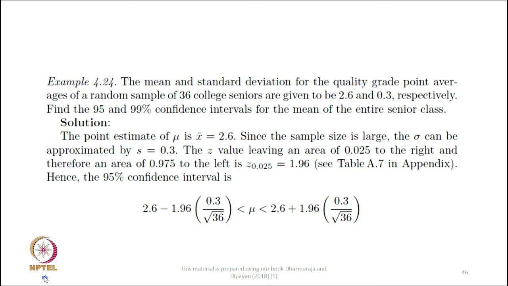The given information is: sample mean 2.6, sample standard deviation 0.3, and the size of the sample is 36. The question is to find the 95 as well as 99% confidence interval for the population mean mu.